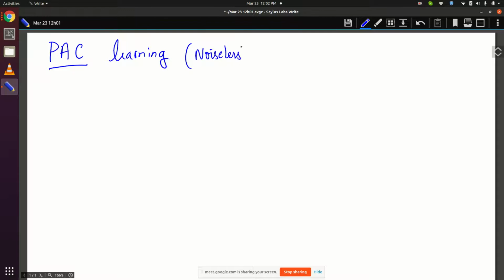We looked at the noiseless framework, and you have two choices. Whenever you have a learning algorithm, you need to choose the bag where you are searching from, so the choice of bag or concept. There we saw two issues.